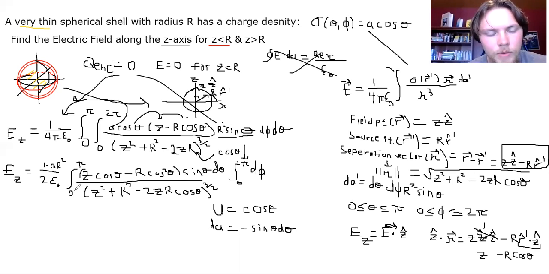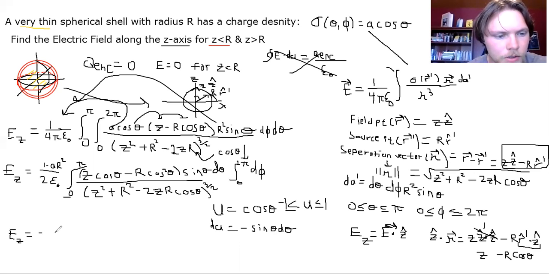And if we change our limits of integration by plugging in pi and 0 into cosine, that means u is changing from -1 to +1.